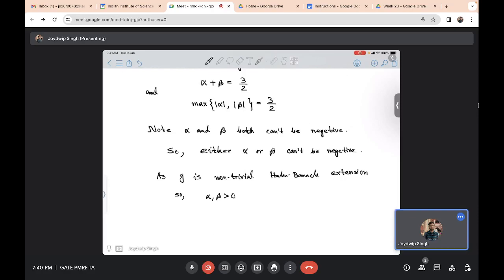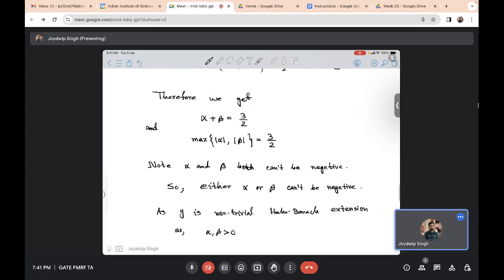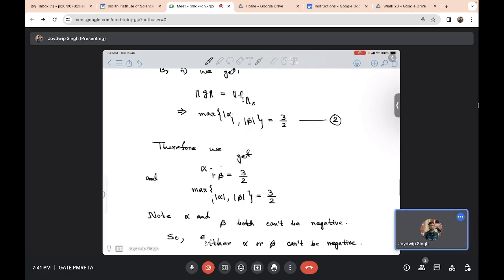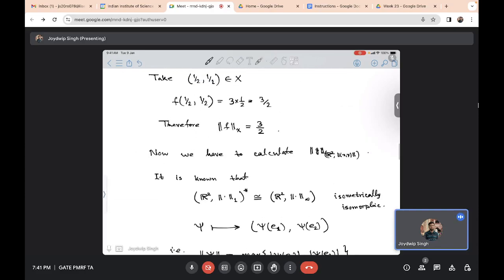Because maximum of, now can one be 0? If both are same, no, I think, what is the sum we have got?